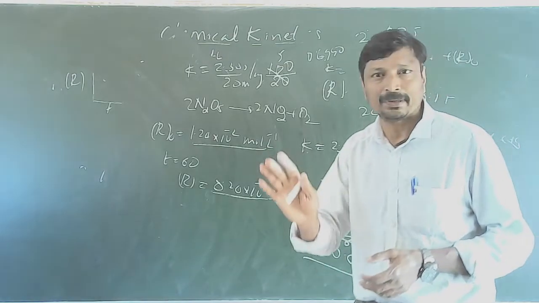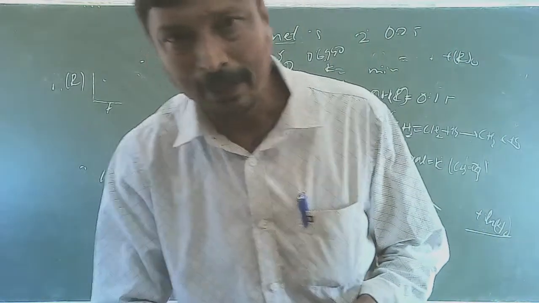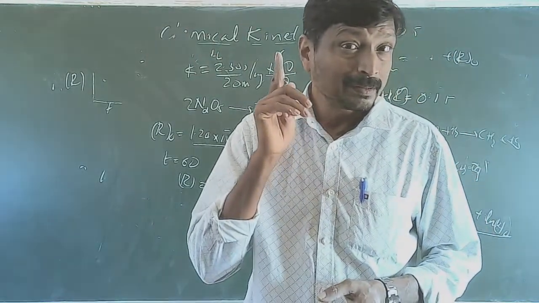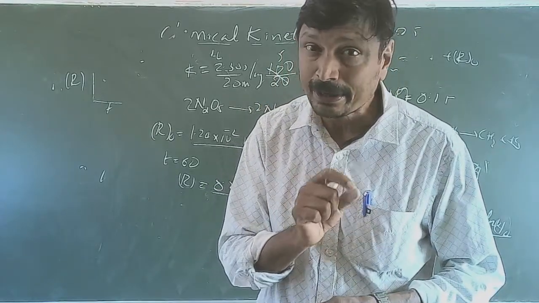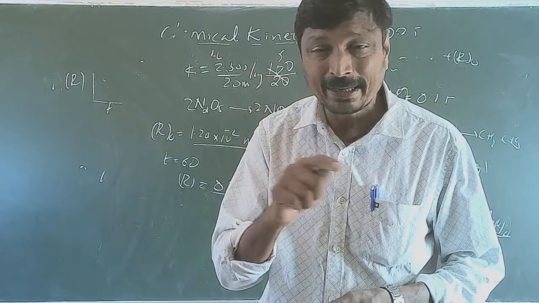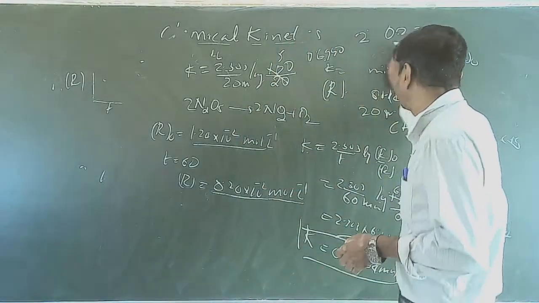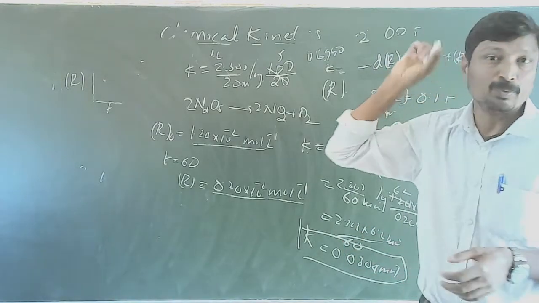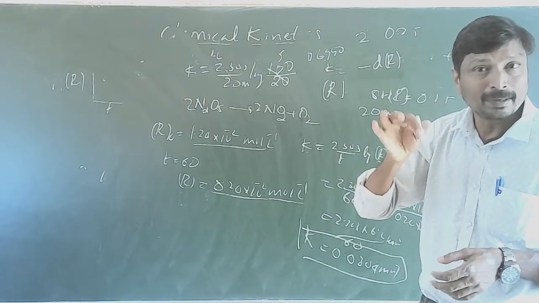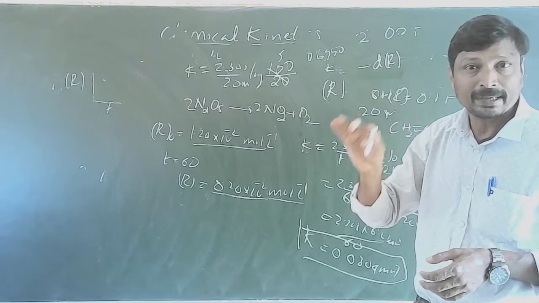to derive the equation. To derive, what do I need? The differential rate law. What is the differential rate law? Minus d[R] by dt. Compulsorily, this R you have to write in a square bracket only. That you have to remember. Most of the students are making the mistake there.